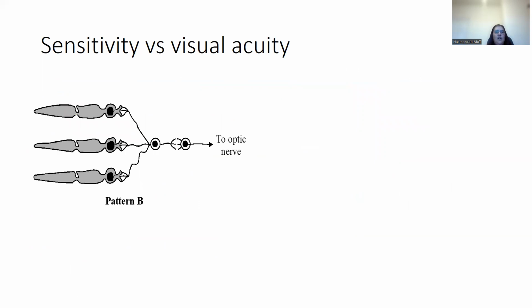visual acuity. So we're looking back at the rods here, and what we notice is we have 3 rods. Number 1, number 2, number 3, all feeding into one bipolar.